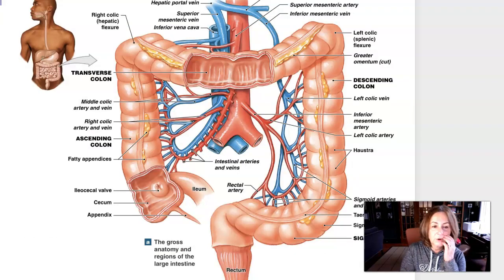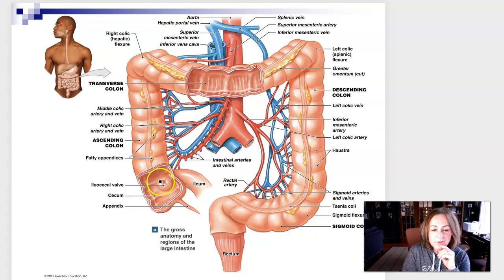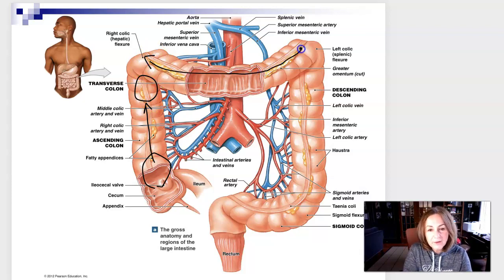Same thing though, a propulsive mass movement would just take some contents, some fecal matter, and move it in the right direction. Just in the transverse colon, as an example, contents usually stay 3 to 4 days, so it's possible that this is a very slow journey many times. Let me show you some other pictures that I have.